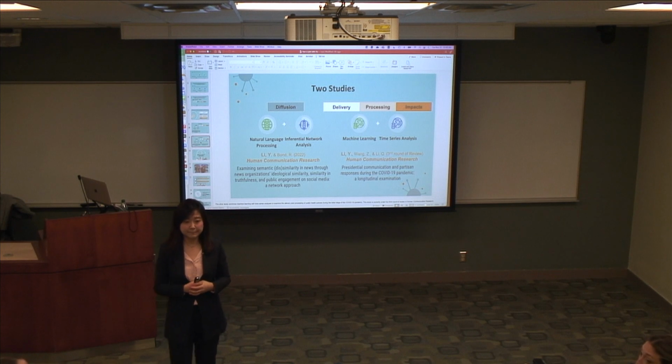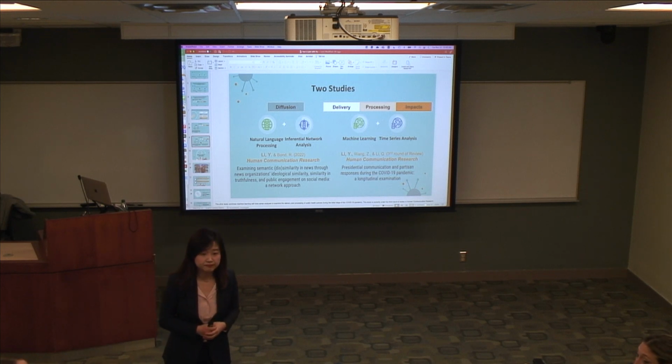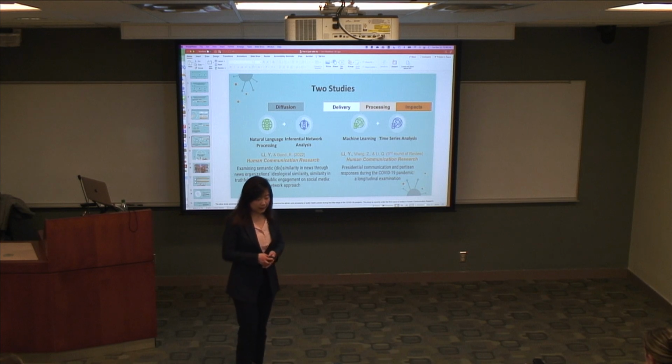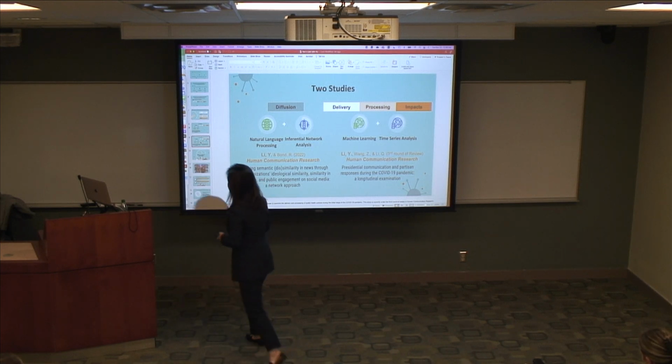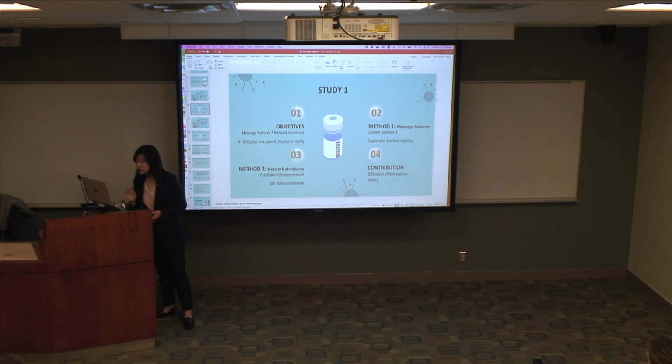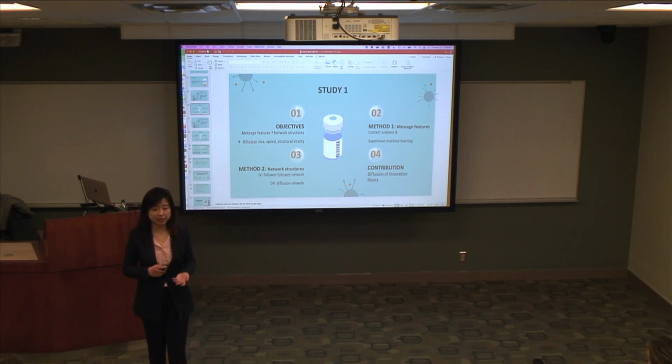But on that societal level of diffusion you just mentioned, are you giving any consideration to what the delivery is in that? Yeah, that's a great question. Actually, for my dissertation, the first study, let me pull it up. This study is about the diffusion of vaccine information on Twitter.